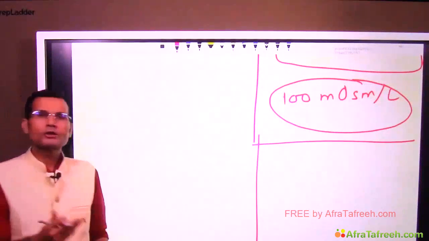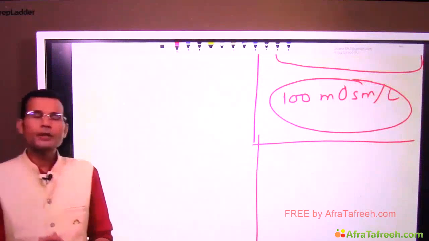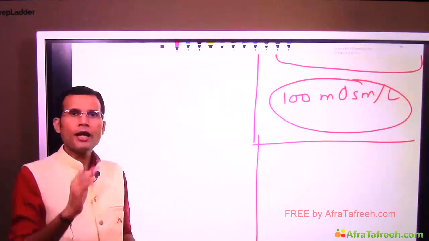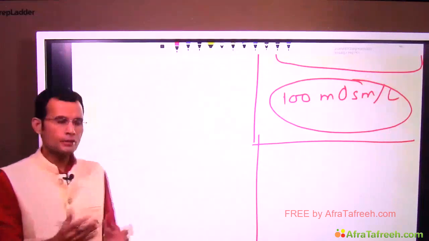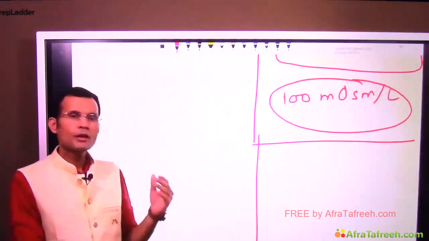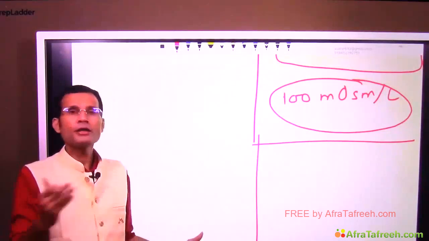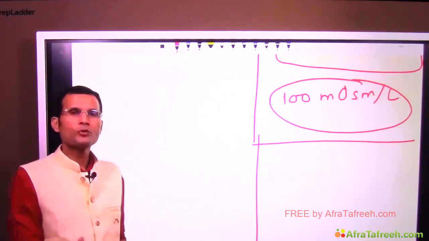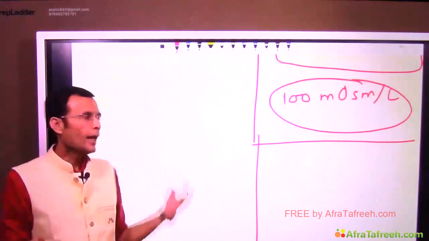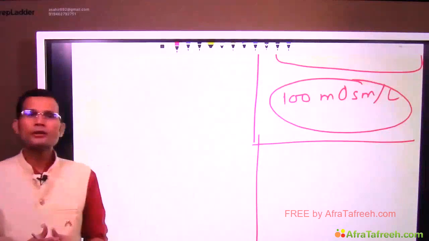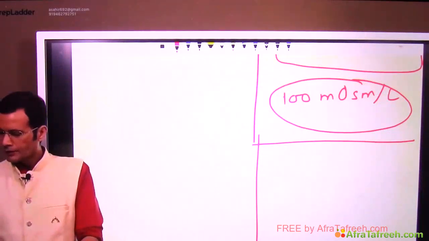There was one more question which was a clinical question. A patient of non-ketotic hyperosmolar coma. Diabetes has two types of complications: one is diabetic ketoacidosis, when ketone bodies are formed, and the other is non-ketotic hyperosmolar coma. Such a patient was brought to the hospital, and the lab findings were something like this.